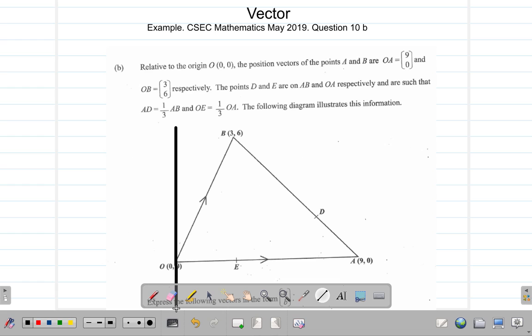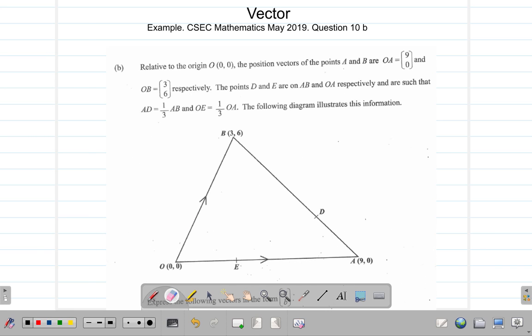This is your y axis, and this is your x axis. Relative to the origin, both vectors start at the origin, meaning they are position vectors. Position vectors usually start at the origin.